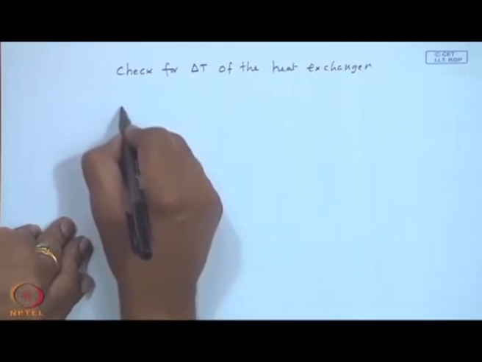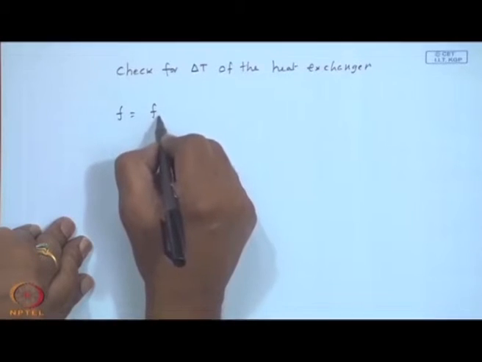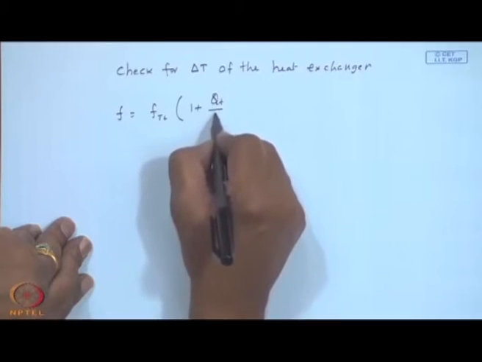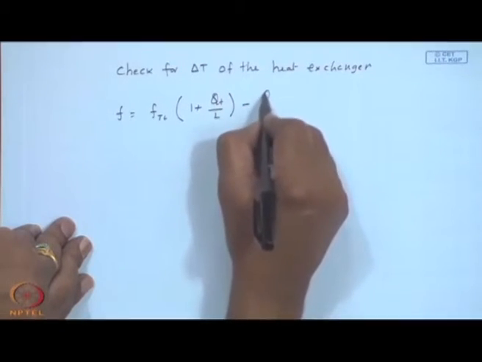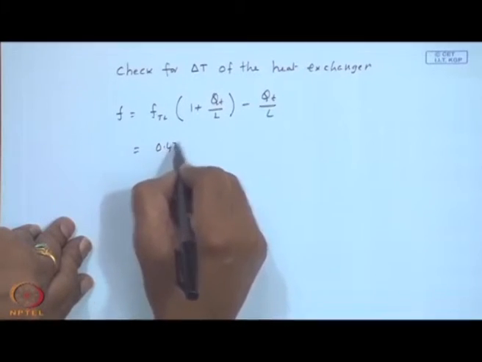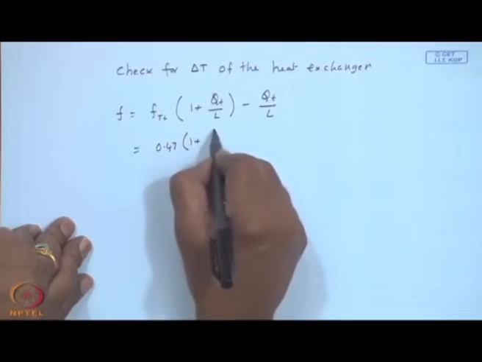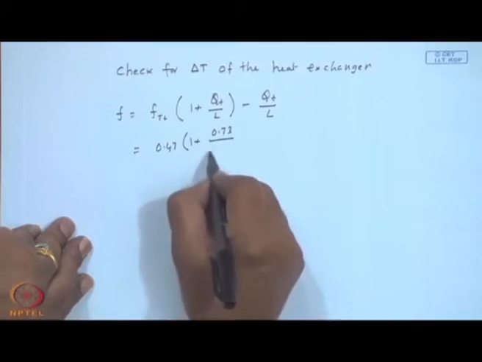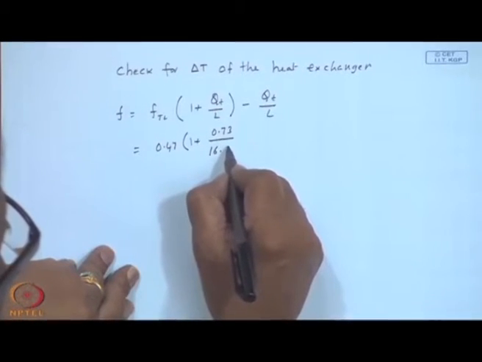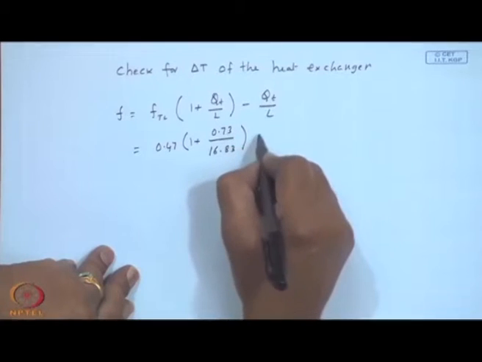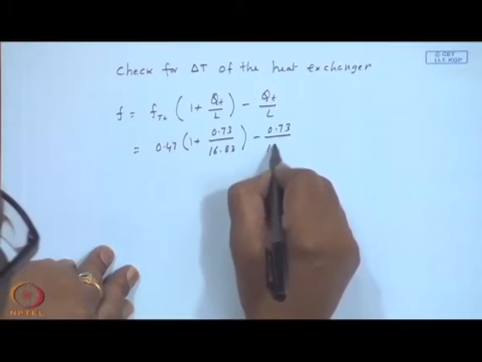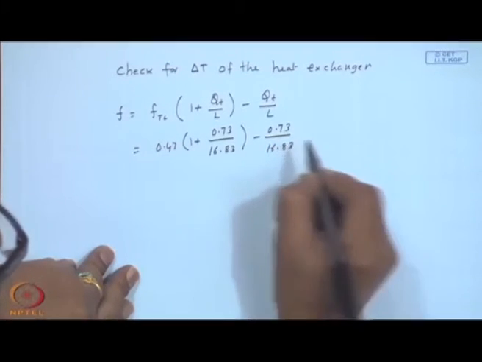Now, we got F will be F T L times 1 plus Q T by L minus Q T by L. That is equal to 0.47 we got times 1 plus 0.73 by 16.83 minus 0.73 by 16.83.